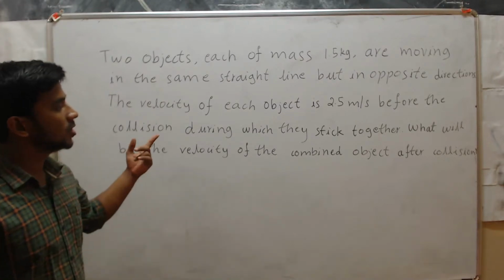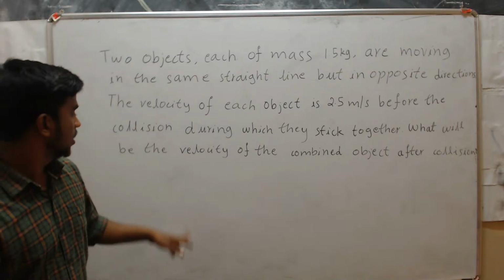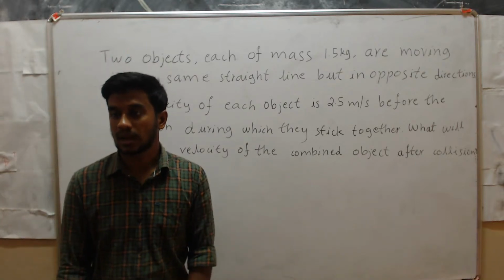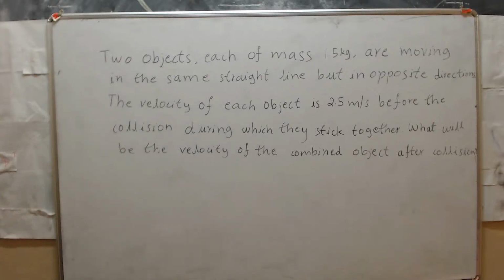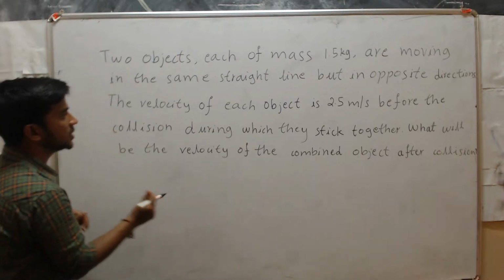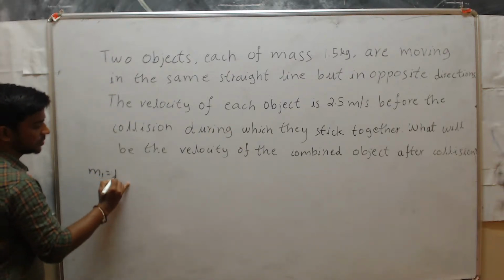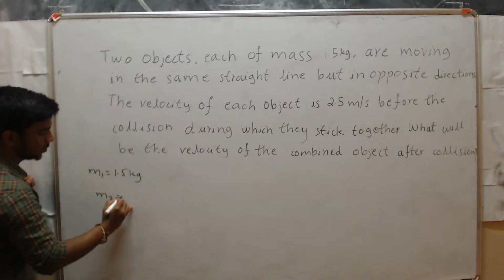Here, both the objects stick together. What will be the velocity of the combined object? See here, two objects each of mass 1.5 kg, right? So I'll take the first object as M1, and its mass is 1.5 kg, and the second object as M2.